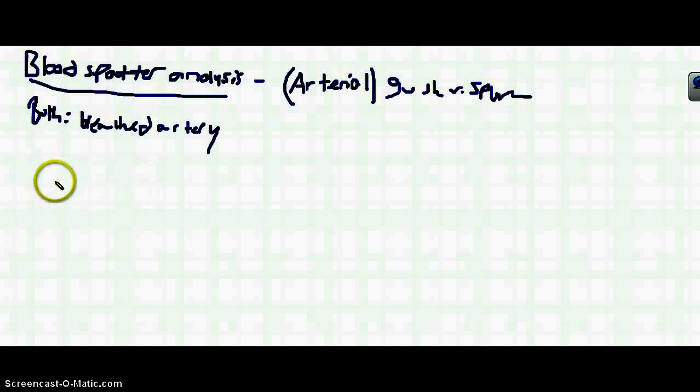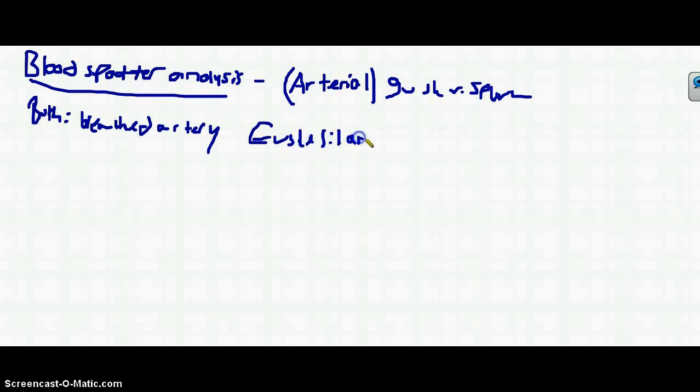And gushes are typically large volume, and the variations are less distinct. We can't exactly see the differences because of the large amount of blood loss.